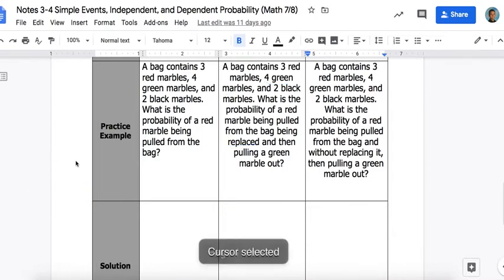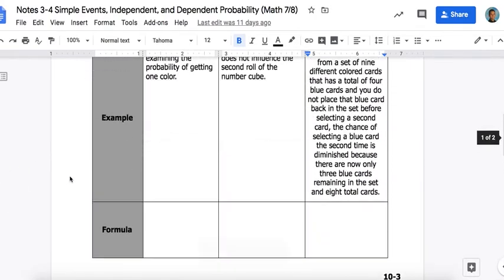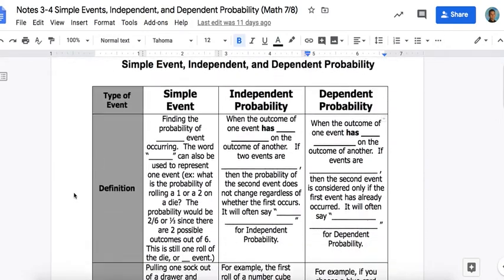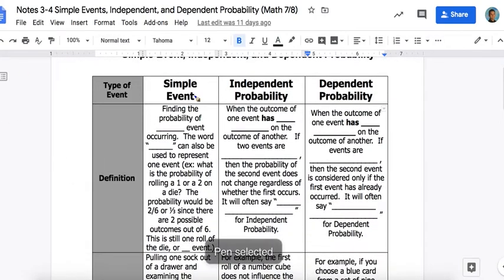All right, let's look at our last section here. We have dependent probability. So dependent probability is when the outcome of one event has an effect on the outcome of another.